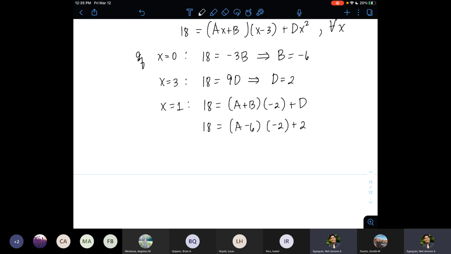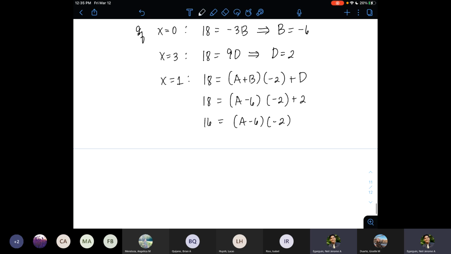I subtract 2 from both sides, so I'll get 16 equals a minus 6 times negative 2. Divide both sides by negative 2, so I'll have minus 8 equals a minus 6. Add 6 to both sides, we'll get negative 2 equals a.